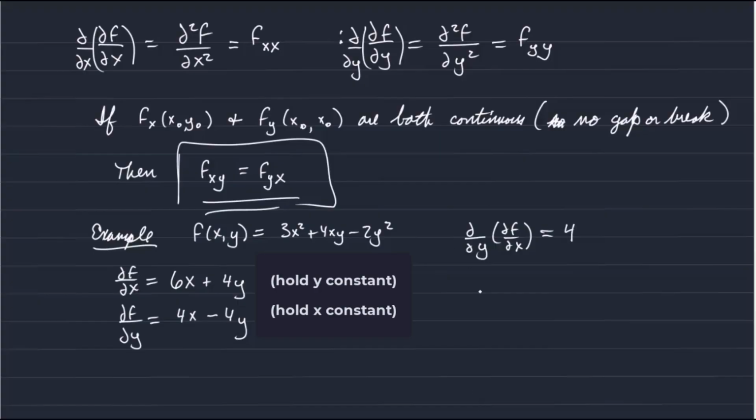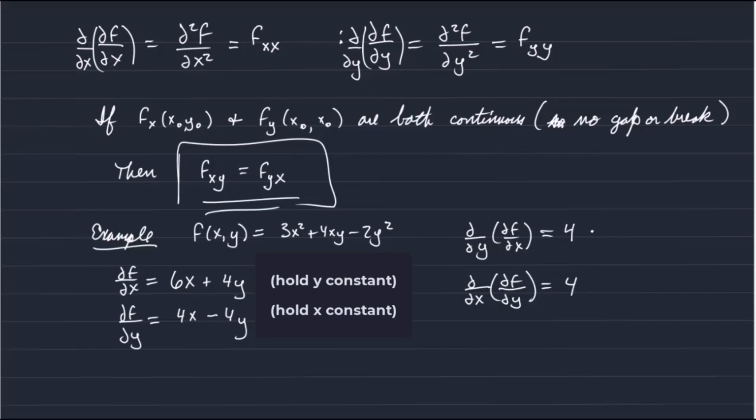The derivative with respect to x of the partial of f with respect to y is taking the derivative with respect to x of this equation. Again, we hold y constant, and the only term that varies with x is this 4x, and that's equal to 4. So in this case, these two functions were continuous about x and y, and we found that for the mixed partial derivatives the order of differentiation didn't matter. They both equaled each other.